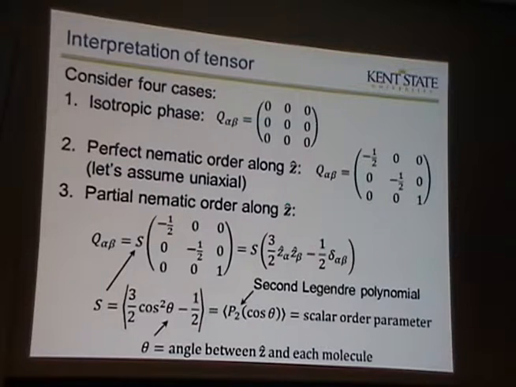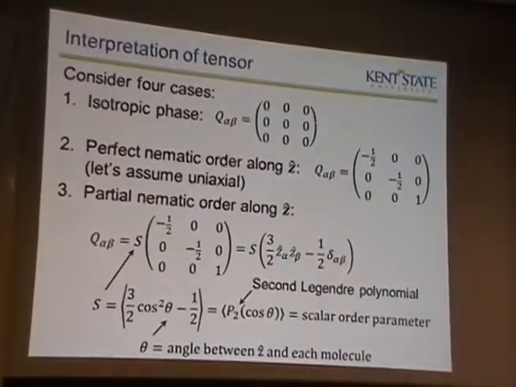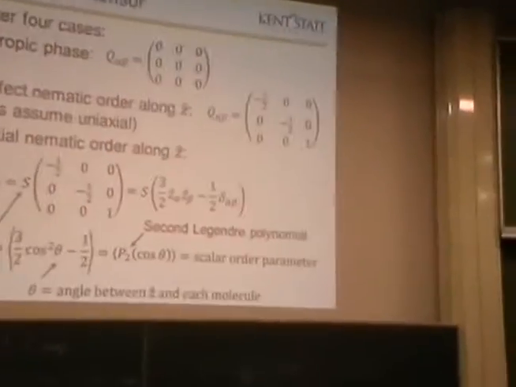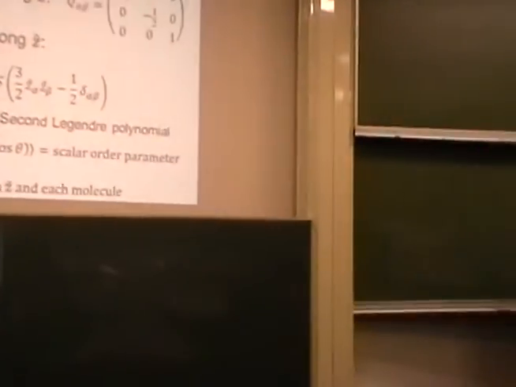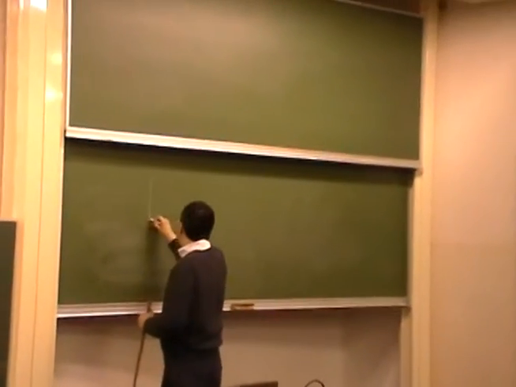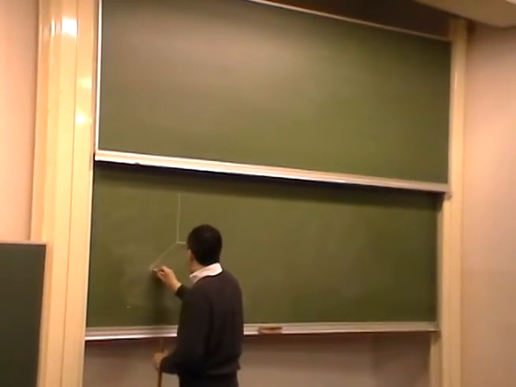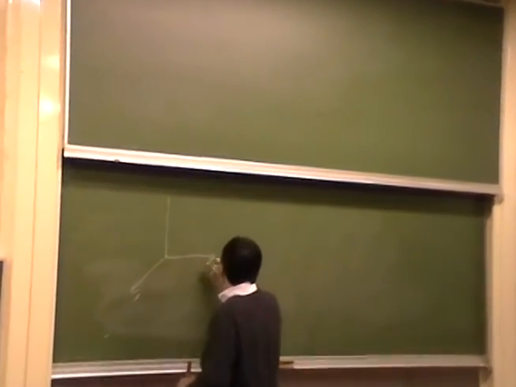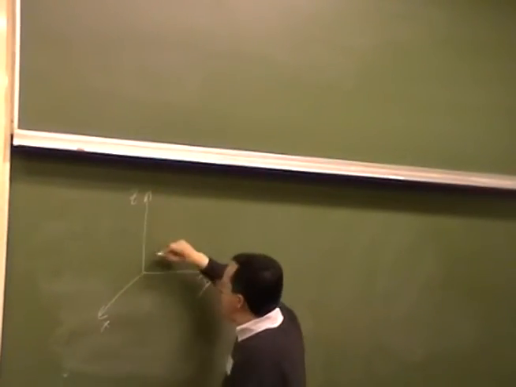And so we could get that if we look at representing the orientation in spherical coordinates, right? If you have the molecular orientation defined in spherical coordinates with respect to the axes x, y, z, right?